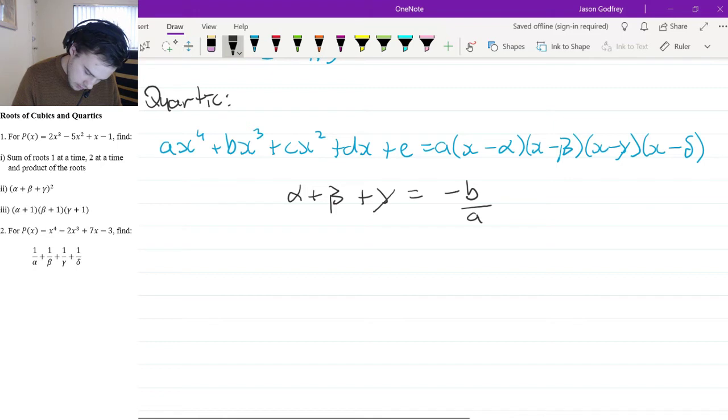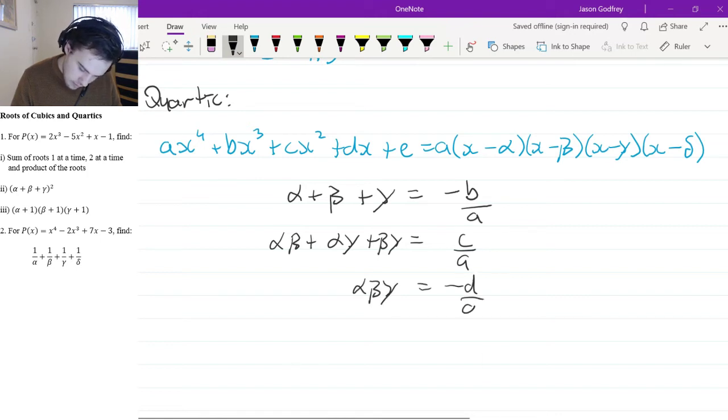Then 2 at a time we had alpha beta plus alpha gamma plus beta gamma equals c on a. And we also had alpha beta gamma equaled negative d on a.